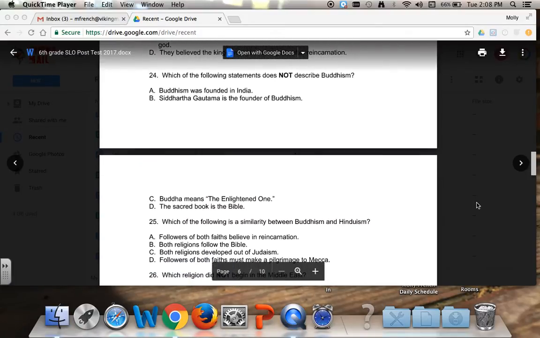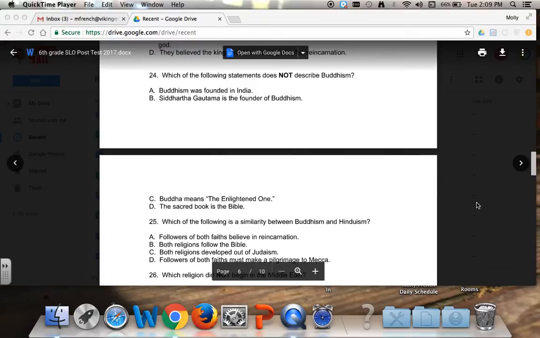Number 24. Which of the following statements does not describe Buddhism? A. Buddhism was founded in India. B. Siddhartha Gautama is the founder of Buddhism. C. Buddha means the enlightened one. Or D. The sacred book is the Bible.